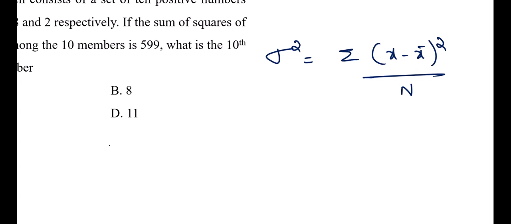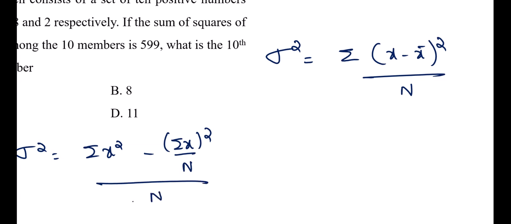The other one is required here: sum of x square minus (sum of x) whole square divided by n, whole divided by n. This we discussed in the previous class.